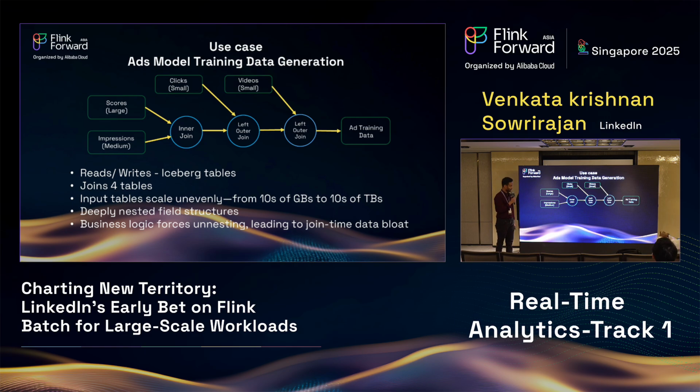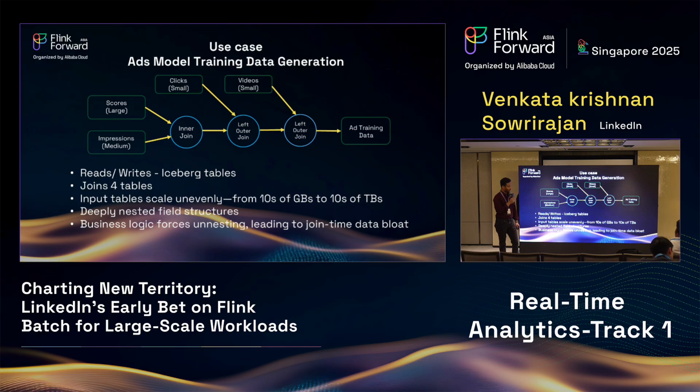It fundamentally does a three-way join against 4 different event streams: ad scores, ad impressions, clicks, and video events. So we run this job both as a stream processing job as well as a batch processing job.